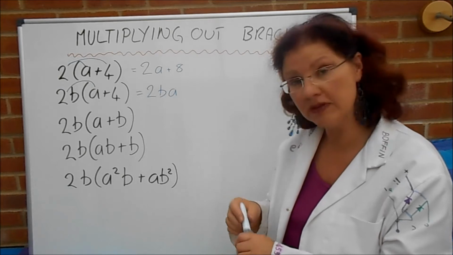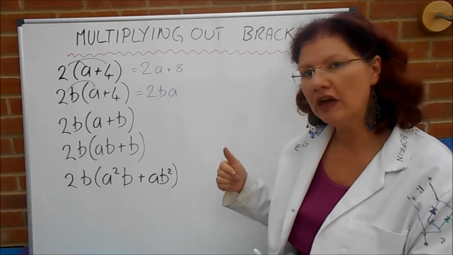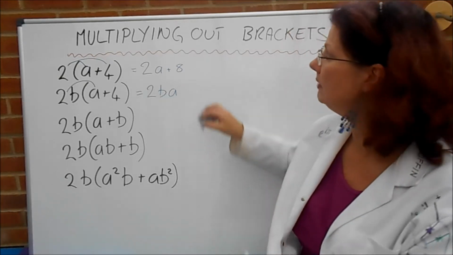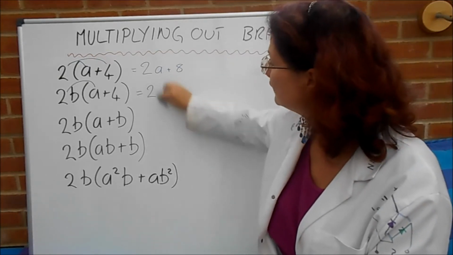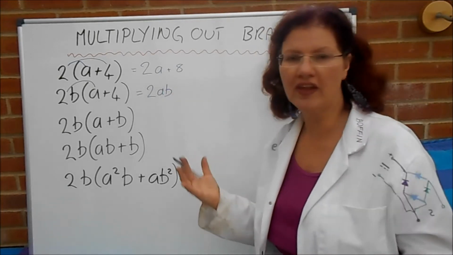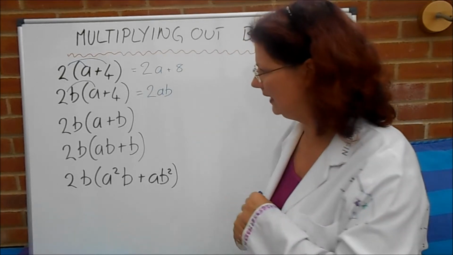Remembering there's little timeses in there if you don't write anything. Now, normally we write things in alphabetical order. So while 2ba is perfectly correct, totally, completely right, I'm going to write it as 2ab, just because that's convention in algebra, we write things in alphabetical order. Makes them easier to sort out later.